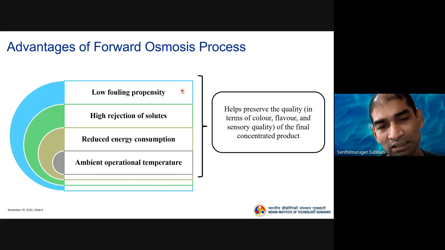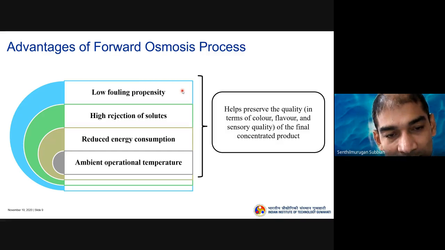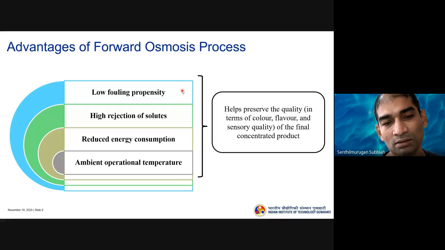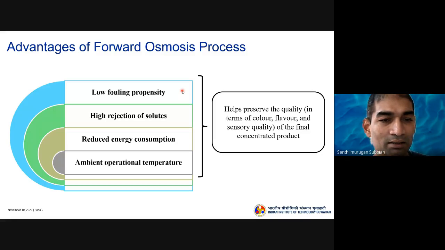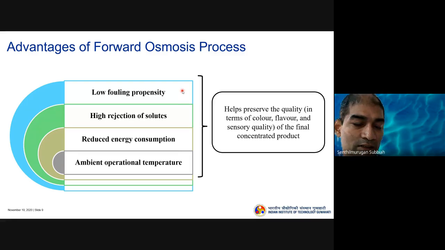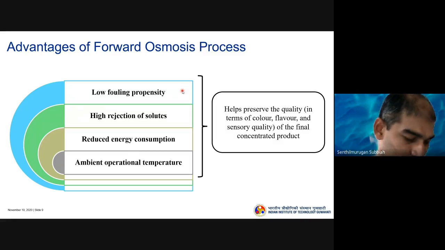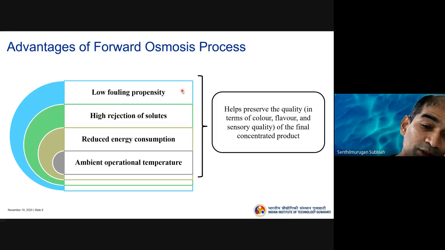If we maintain the same flux, then they observed that the fouling potential for the FO membrane is found to be much higher than the other three processes, because of the support layer issues. The support layer has internal concentration polarization, and that results in a very high concentration polarization, and that will result in permanent fouling.